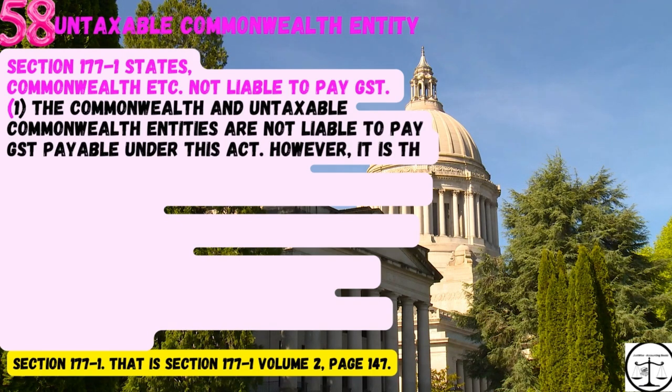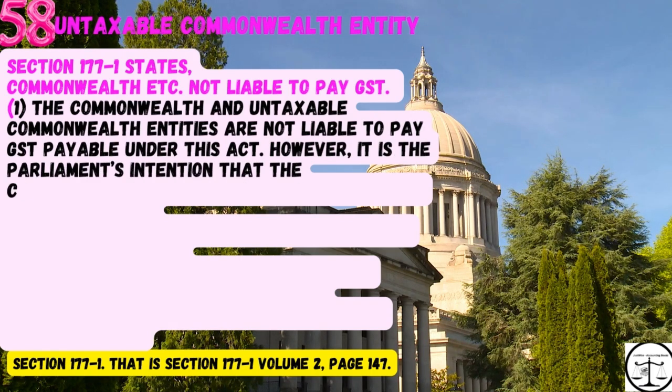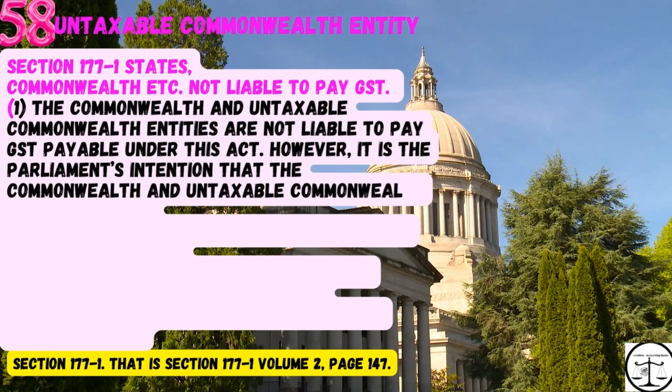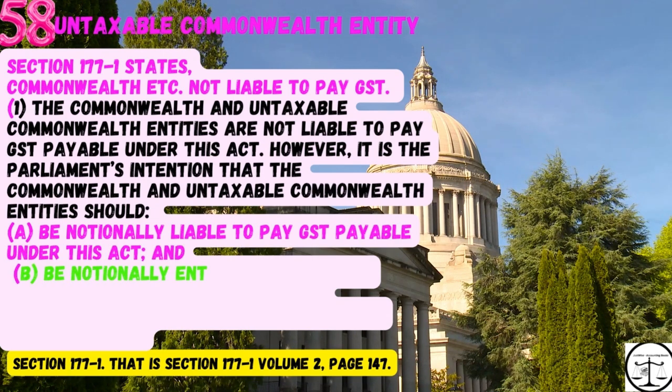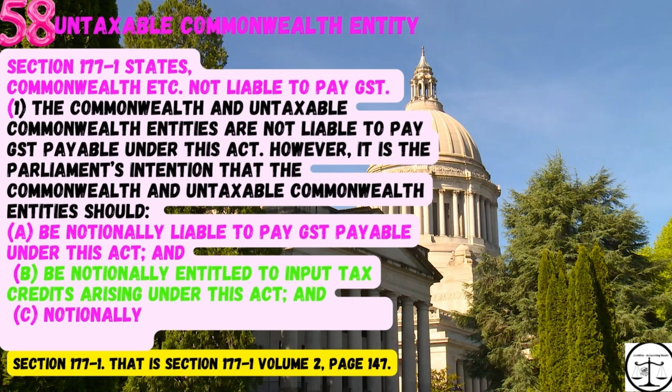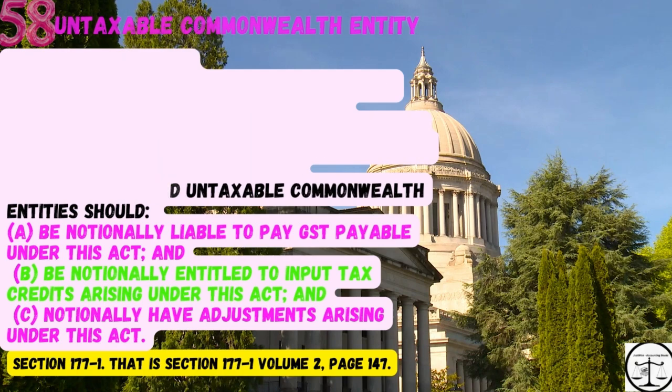The Commonwealth and untaxable Commonwealth entities are not liable to pay GST payable under this Act. However, it is the Parliament's intention that the Commonwealth and untaxable Commonwealth entities should A. Be notionally liable to pay GST payable under this Act, and B.